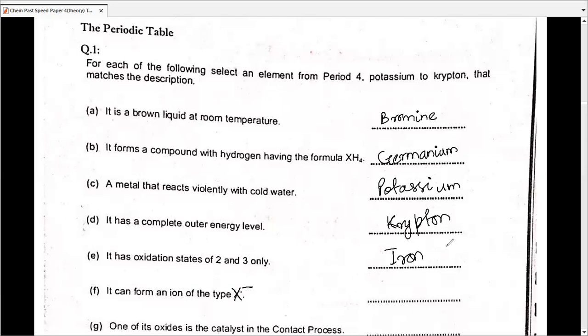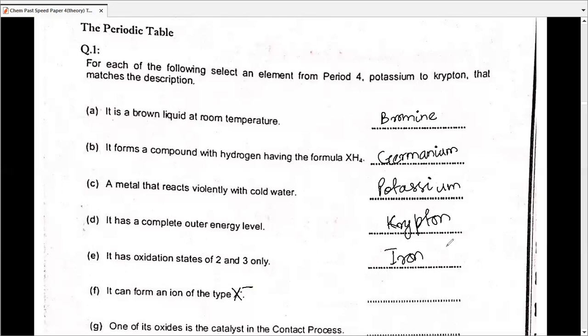Which of these groups have the element? Selenium? Selenium lies right below which element? I mean, which group is this?